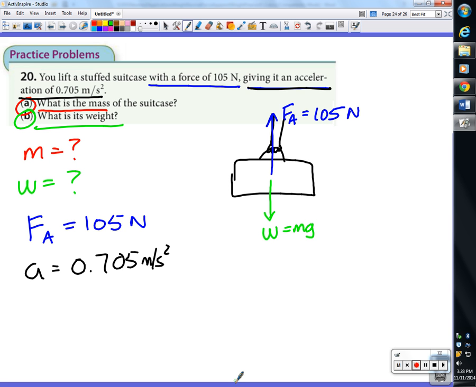A free body diagram shows forces, but it told us that we have an upwards acceleration, lifting the suitcase, causing it to accelerate in the upwards direction, meaning F of A is going to have to be greater than W in this case to cause the upwards acceleration. Once we've labeled this free body diagram, now we can go about calculating these things.